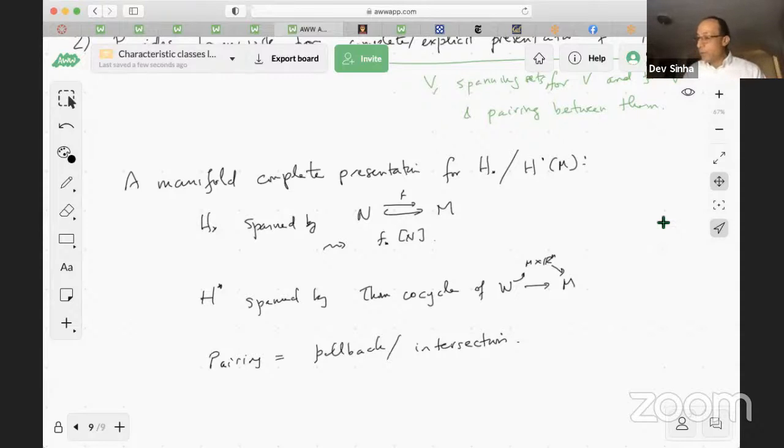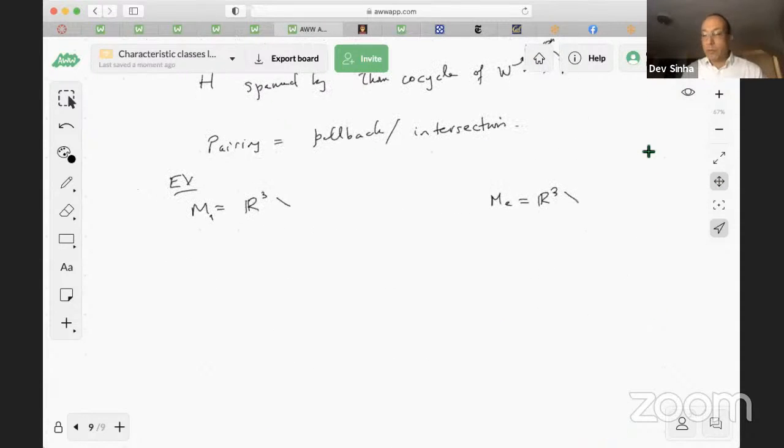So what's a good example to keep in mind? Let's let M be R3 minus, well, M1 and M2. And I'm going to take two different ways I can embed a line and a circle.